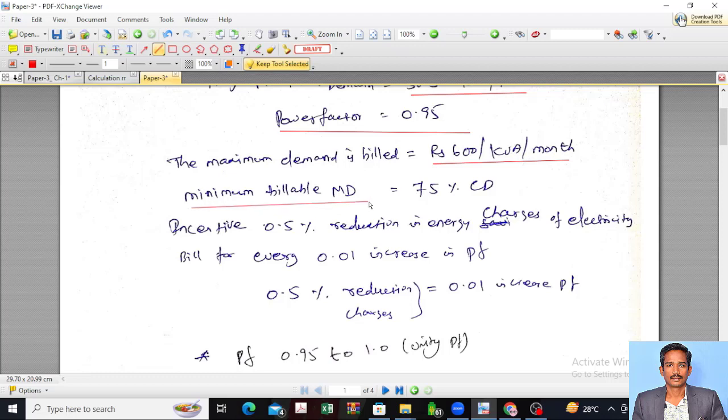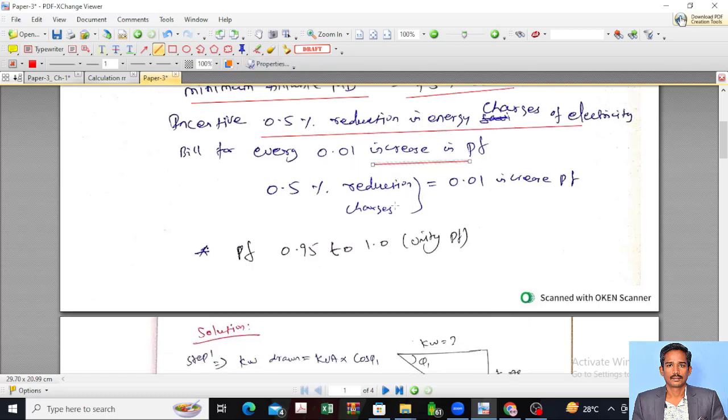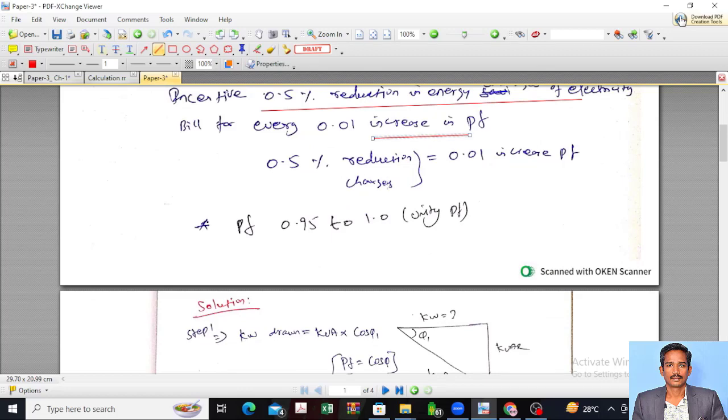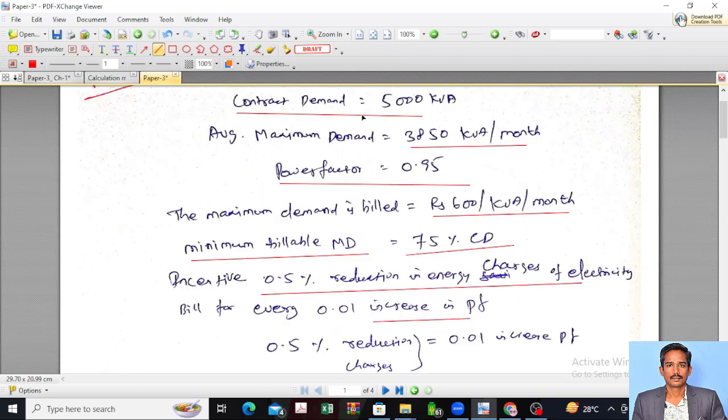The minimum billable maximum demand is always 70% of contract demand. And for incentives, they give a 0.5% reduction in energy charges of the electricity bill for every 0.01 increase in power factor. The concept is improving the power factor from 0.95 to unity. This is the summary.